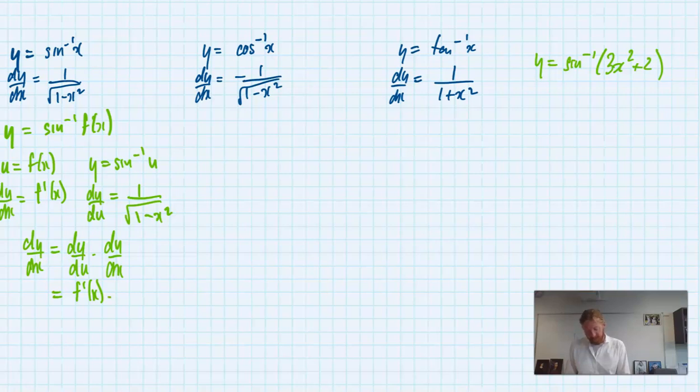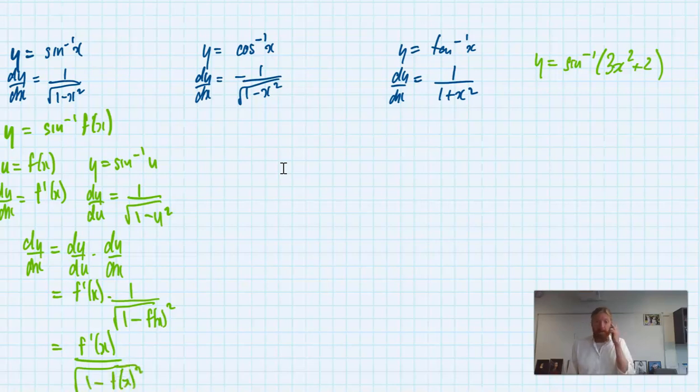That should be a u up there at this point, sorry guys, and I'm going to sub that u back in. 1 on the square root of 1 minus f of x squared. That's it. Sine inverse goes to, let's pop that on top, f dash x, the derivative, on top, and 1 minus the function squared, under a square root, on the bottom. Done.